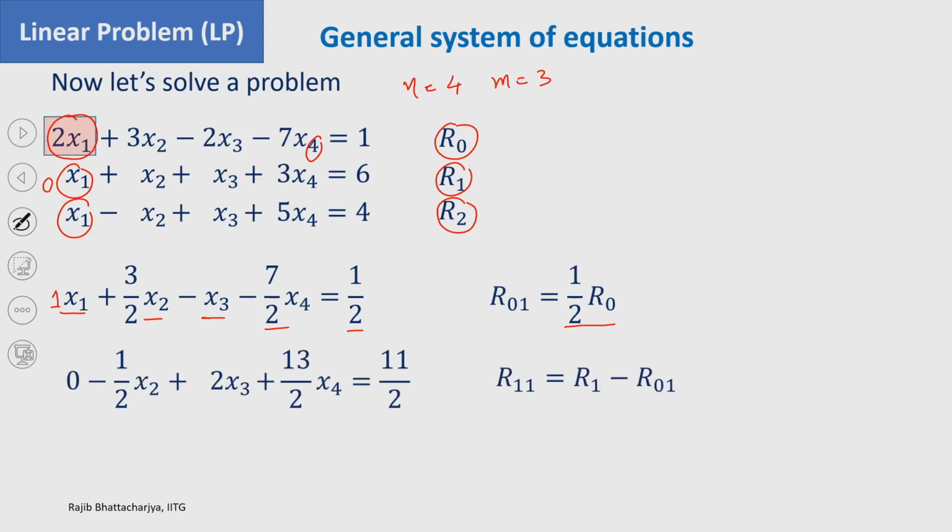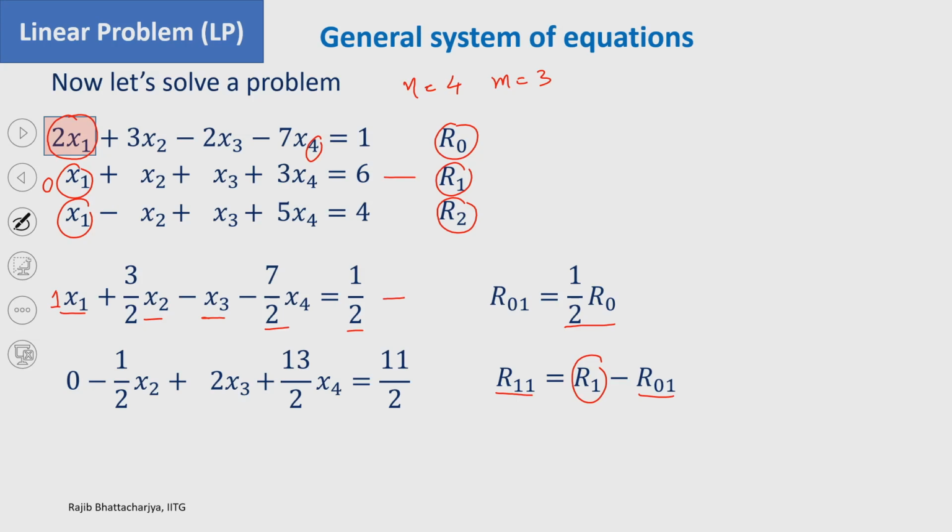So, I will do some operation. That means I am now taking this particular row R 1 1, that means iteration 1, and here I am doing R 1 minus R 0 1. So, this is your R 1 minus R 0 1.